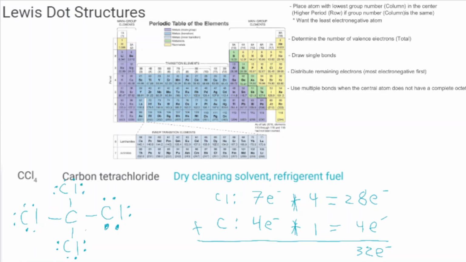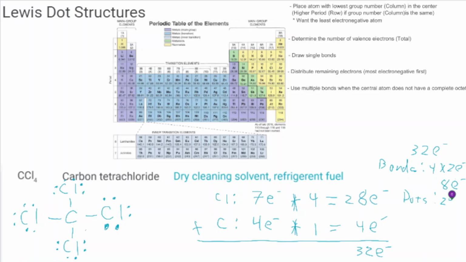So now we want to make sure that everything worked out. So originally we had 32 electrons. We used some in the bonds. So we had 4 bonds multiplied by 2 electrons each, and that'll give us 8 electrons in total for our bonds. And then the individual dots, as I just counted out for you guys, we essentially had 24 dots.